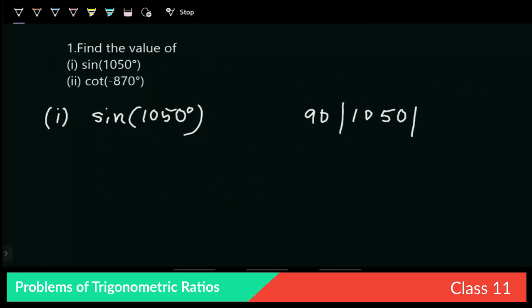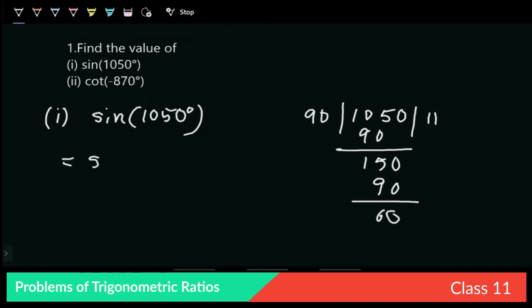Okay, so in this case what will I get? If I divide 1050 by 90, I will get 11 as quotient and 60 as remainder.